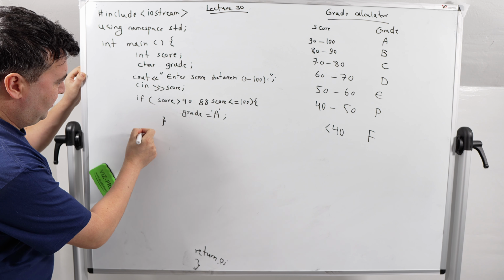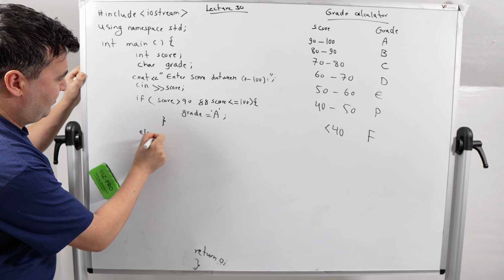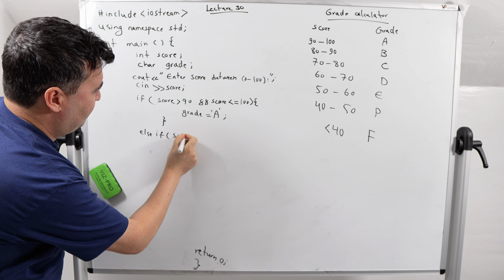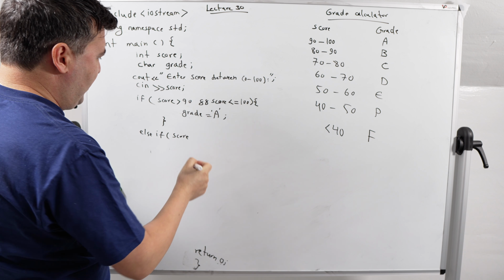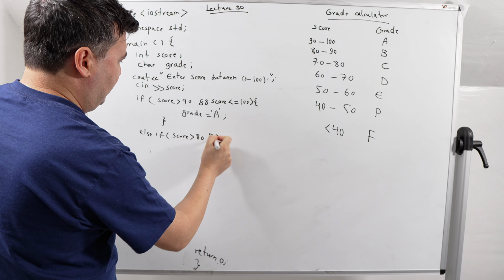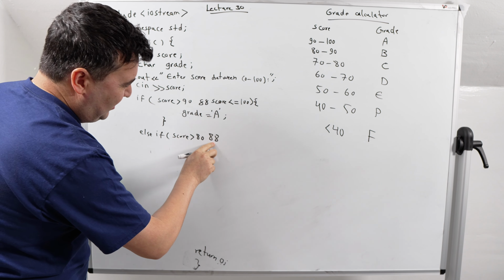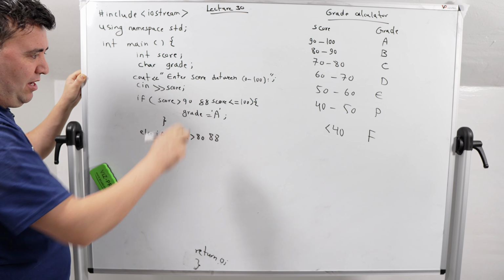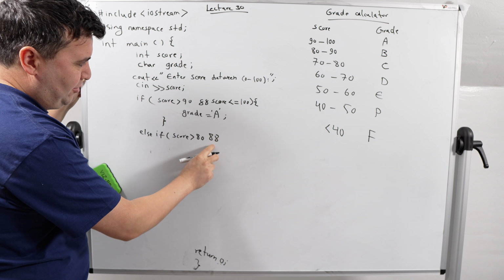Then we test another condition. Else if score is greater than 80, and we use and, logical and. This is not 88, okay? This is and. I write and like this. So this is also a logical and operator. You put two ands, so logical and.